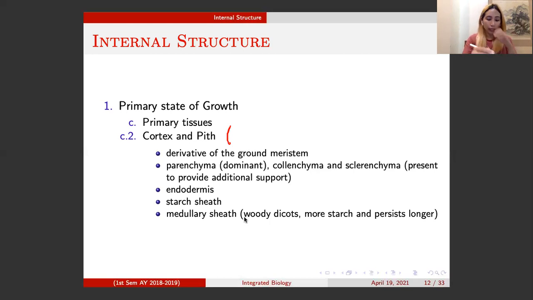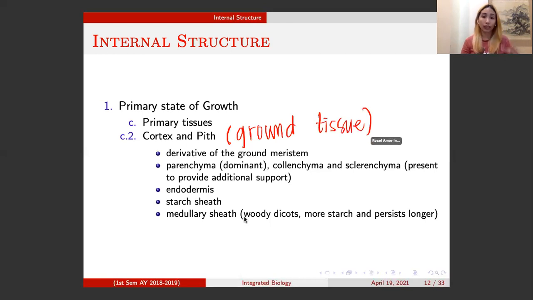All together, the cortex and the pith, we call them ground tissue, dahil nanggaling sila sa ground meristem. You will know which is the cortex and the pith depending sa location nila inside the stem. I will elaborate on that later.